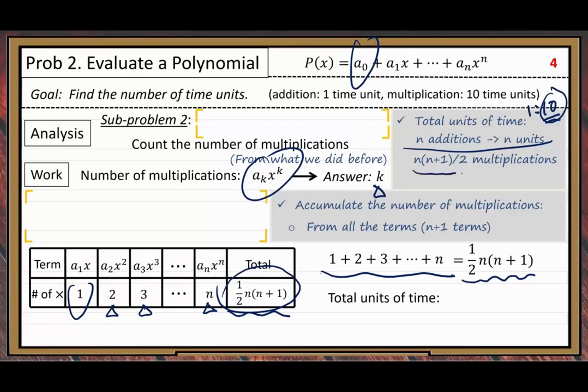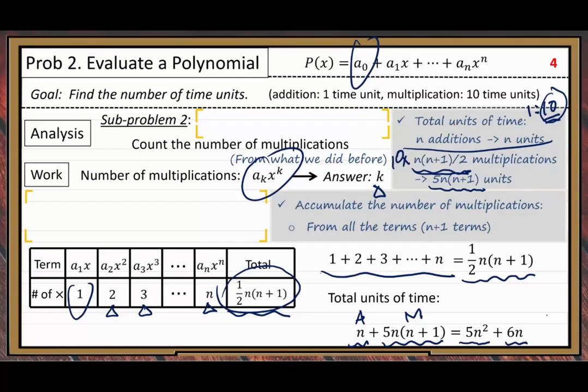So we multiply this number by 10 to get the total number of units for the multiplications. That's 5n times n plus 1 time units. So the conclusion: the first term is from the addition part, the second term from the multiplication part. Adding together, the total is 5n squared plus 6n.